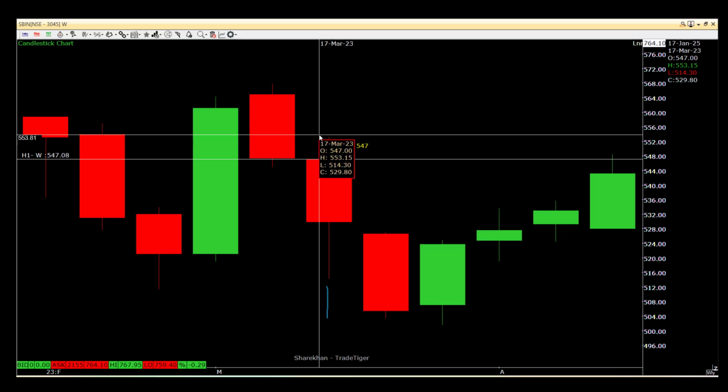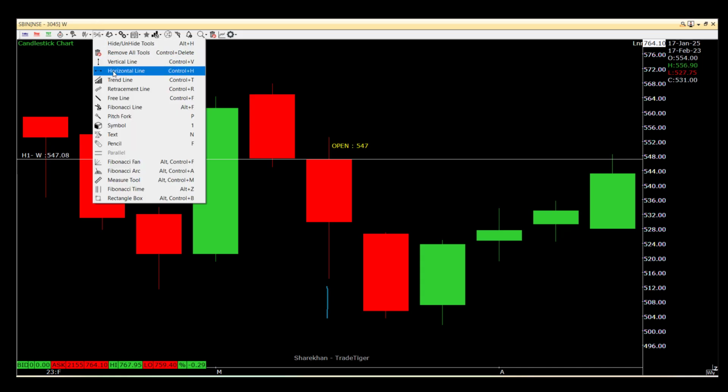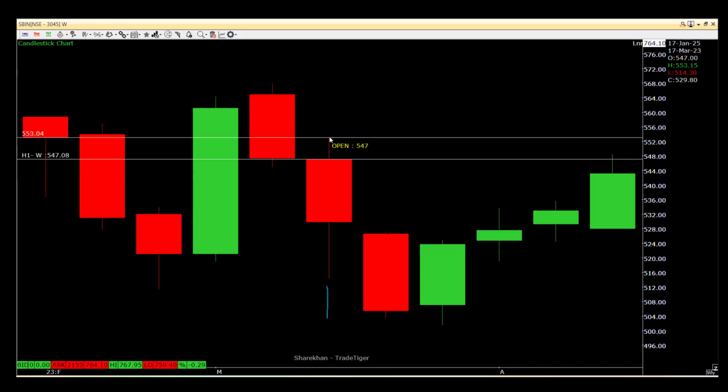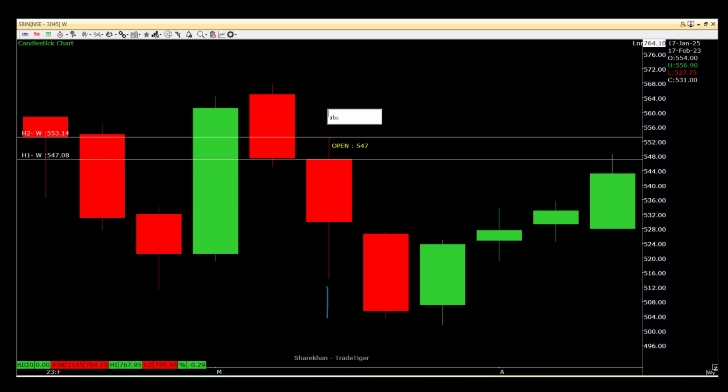So this must be the high of the candle, 553.15. We will put it here. It was the high.